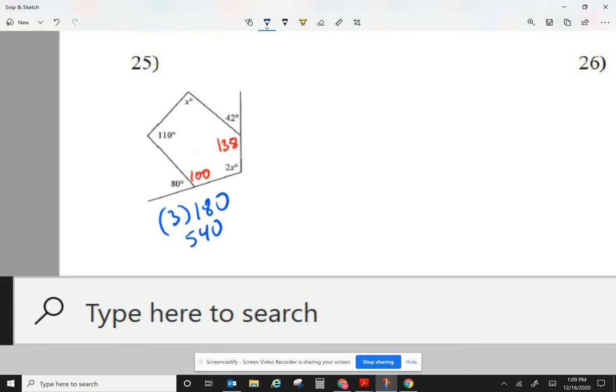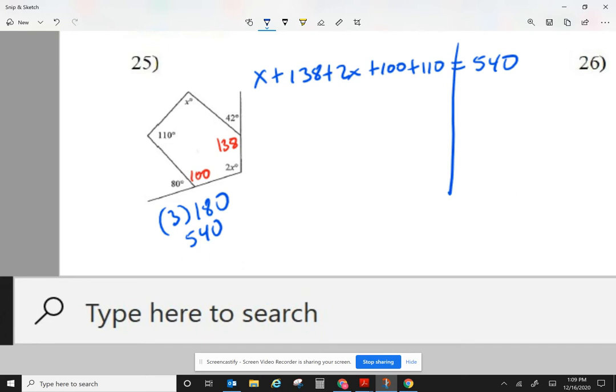So what that means is if I was to add all my angles, let me go x plus 138 plus 2x plus 100 plus 110. I'm adding all the angles, and this is equal to 540. All right.